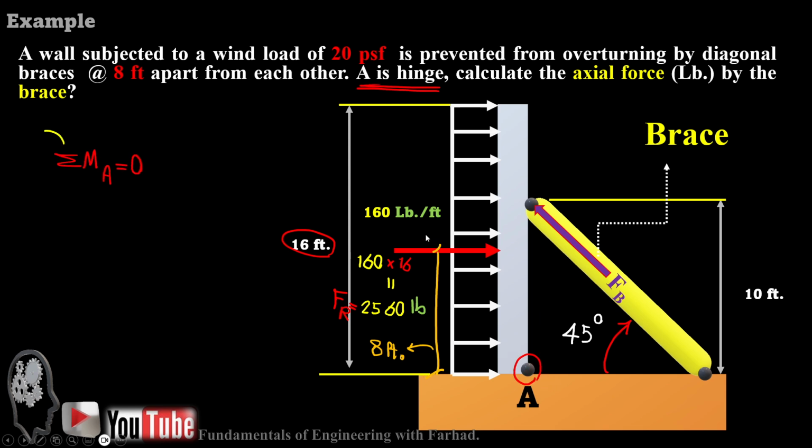By applying the summation of moments about A equal to zero, because the problem statement says A is hinged, so there is no moment at the hinge, we can easily say: a clockwise, which is a negative moment, the resultant F_R due to the distributed load, 160 times 16, times the distance, which is 8 feet, plus a counterclockwise moment, which is a positive one, F_B cosine of 45 degrees times the distance, which here is 10 feet, equals zero.